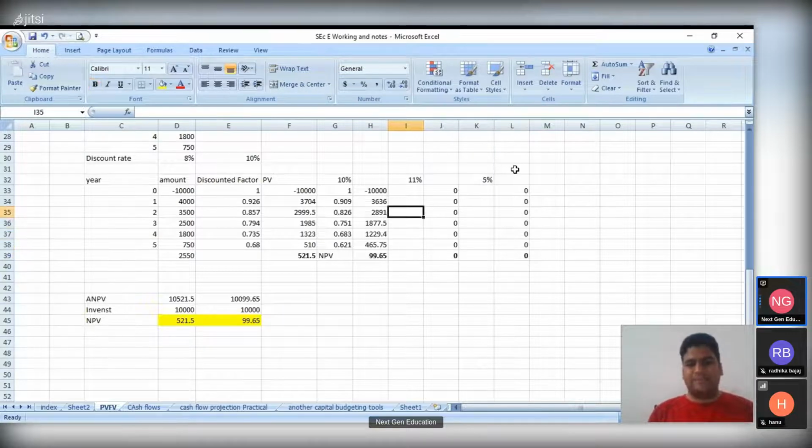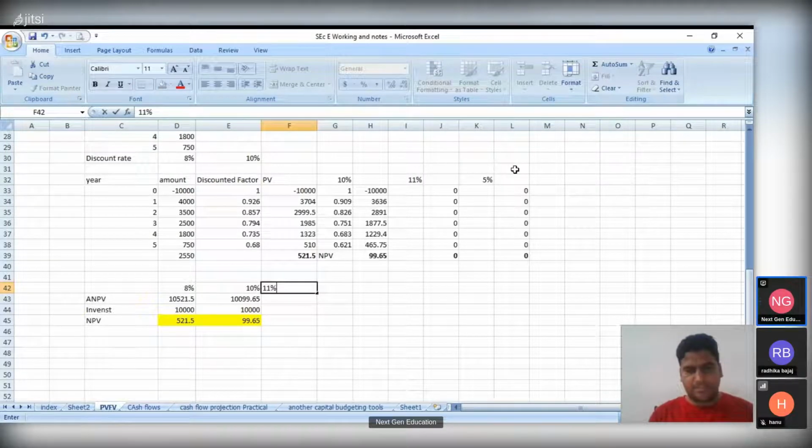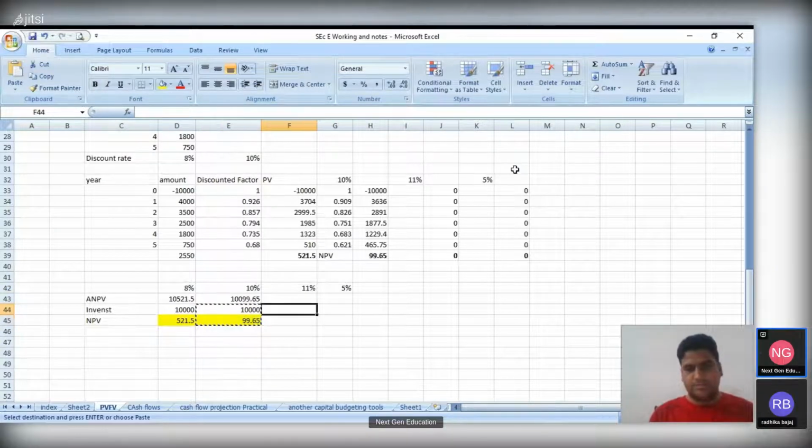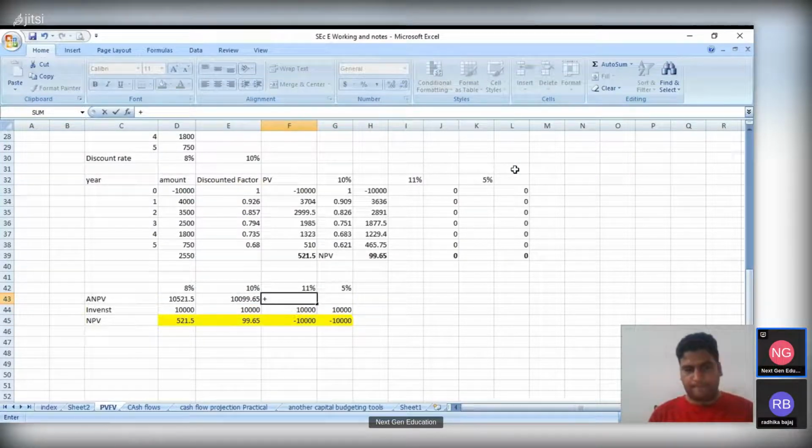Okay, at the 11% rate, just give me a second. It is here 8%, here 10%, here 11%, and here 5%. It's very simple to calculate these figures.